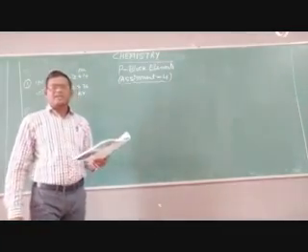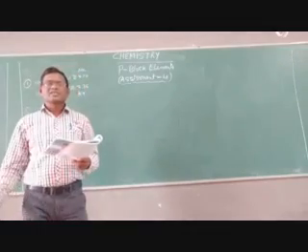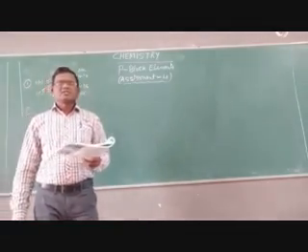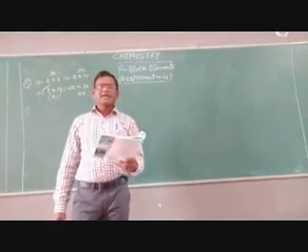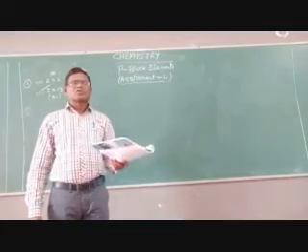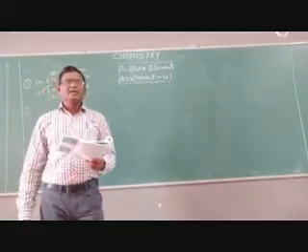For example, in the first period, only two elements are there, hydrogen and helium. Which has the highest ionization enthalpy? Helium. Like the second period, starts from lithium, ends with neon. Which has the highest ionization enthalpy? Neon. Like that, the third period starts with sodium, ends with argon. Which has the highest ionization enthalpy? Argon.